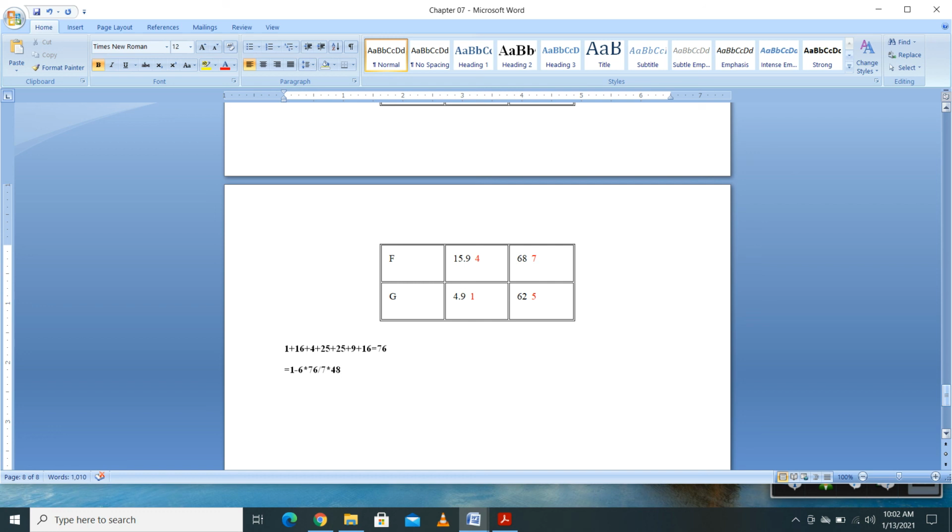6 into 76, that is 456. You have 456 divided by 336, minus 1. So it is close to 0.36. Right?